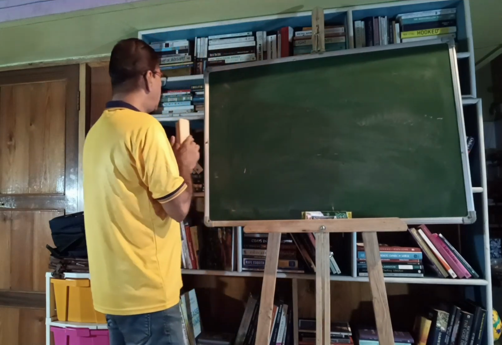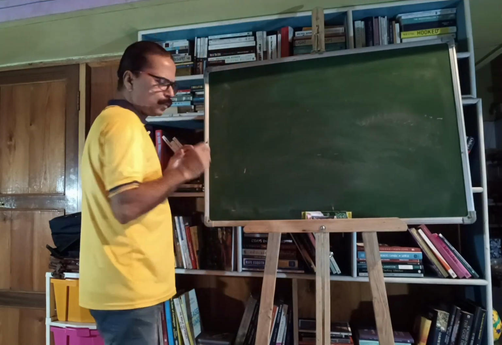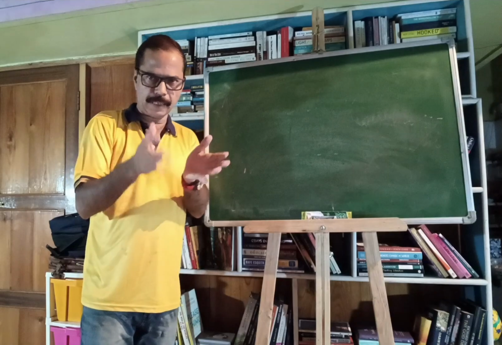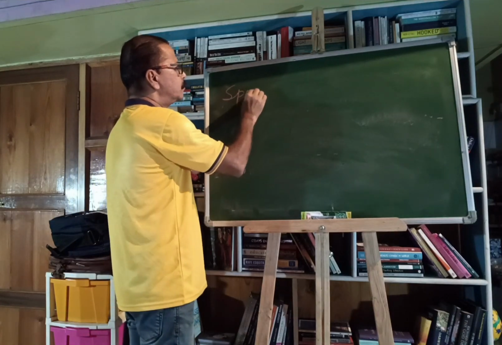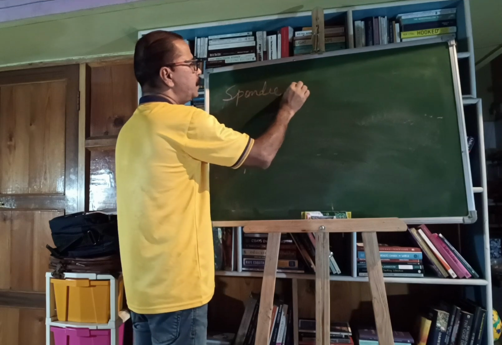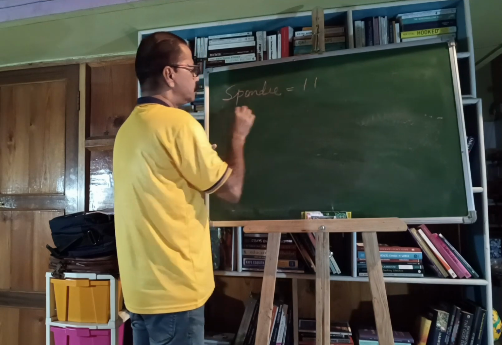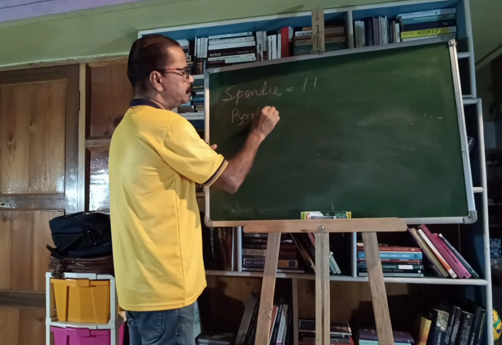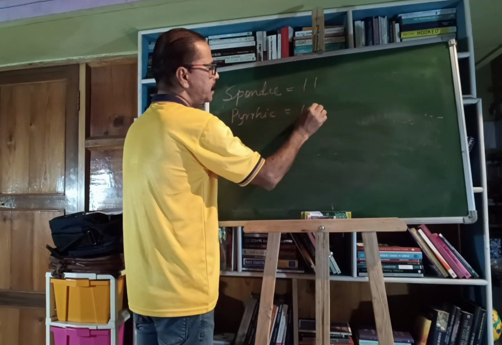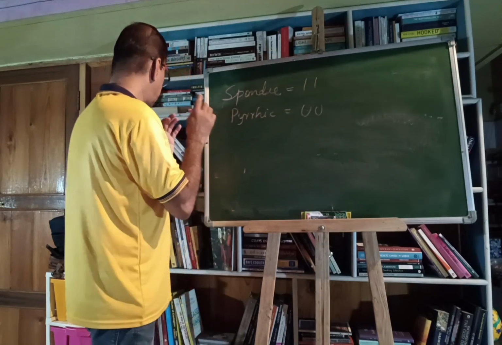Now we know there are 2 variations in the disyllabic feet. They are the spondy or spondaic, where we have 2 stressed syllables, and pyrrhic, where we have 2 unstressed syllables.